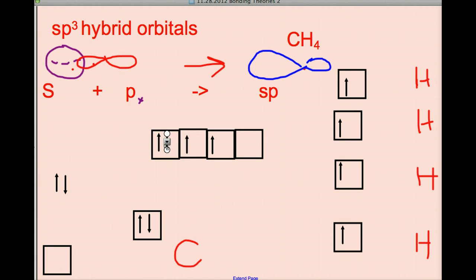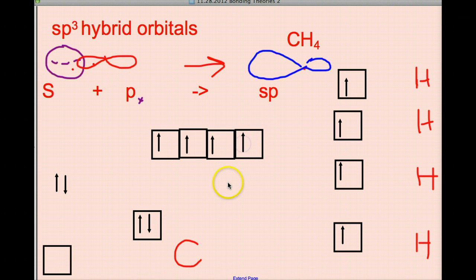And so when this s orbital decides to join and mix with these p orbitals, it then allows this last electron that was here to move over to this side. So let me move this one over to here to allow for this to start mixing. Just because it's supposed to be, our first arrow should always be up.